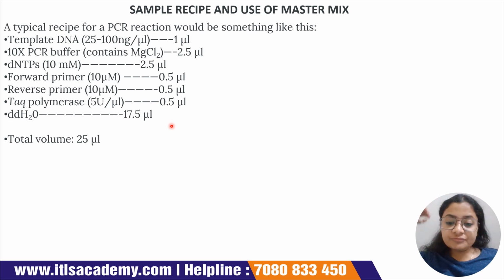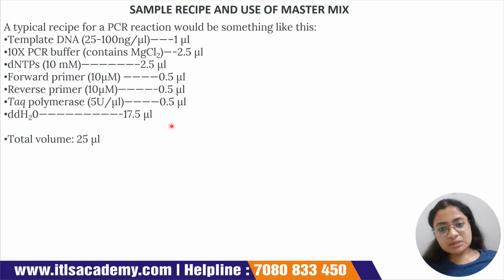If we add each of these components in such minute amounts separately, one by one, it will be very tedious, the chances of error will be much greater, and it will be very difficult for the person performing the reaction. The amounts may also vary slightly. That is why preparation of the master mix is very important, because in the master mix we combine all these components together, with a total volume in which we also add water, and then we simply load that master mix inside the machine.